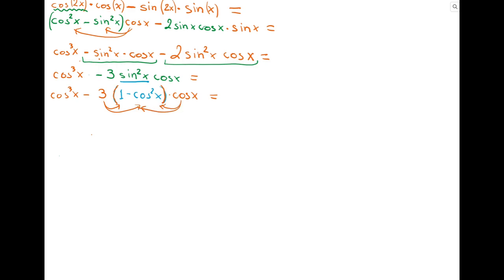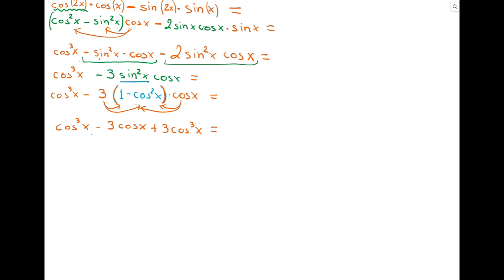Let's do it all at once. So we have cosine cubed x. Then we have a negative 3 times that cosine, so that will give me negative 3 cosine x. And then I have a negative 3 times a negative cosine squared, which will be a positive 3 cosine squared, times another cosine, will be a positive 3 cosine cubed of x.